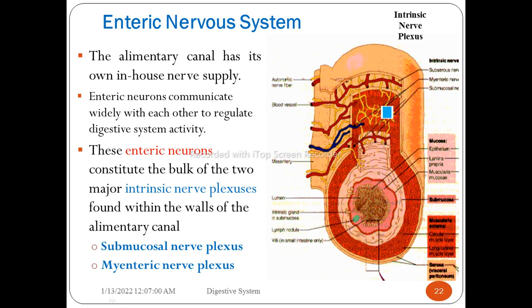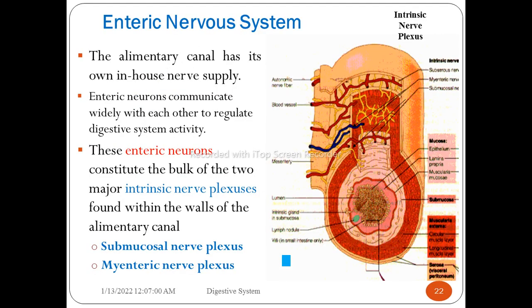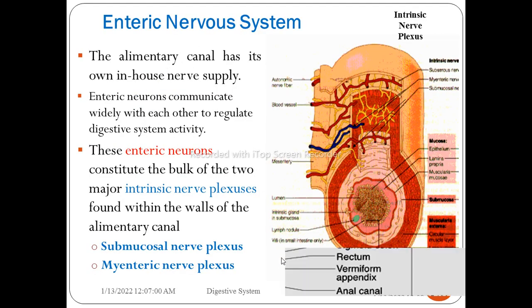This is the muscularis externa, this is the submucosa. So the submucosa has the submucosal nerve plexus, whereas the muscularis externa has the mesenteric nerve plexus.